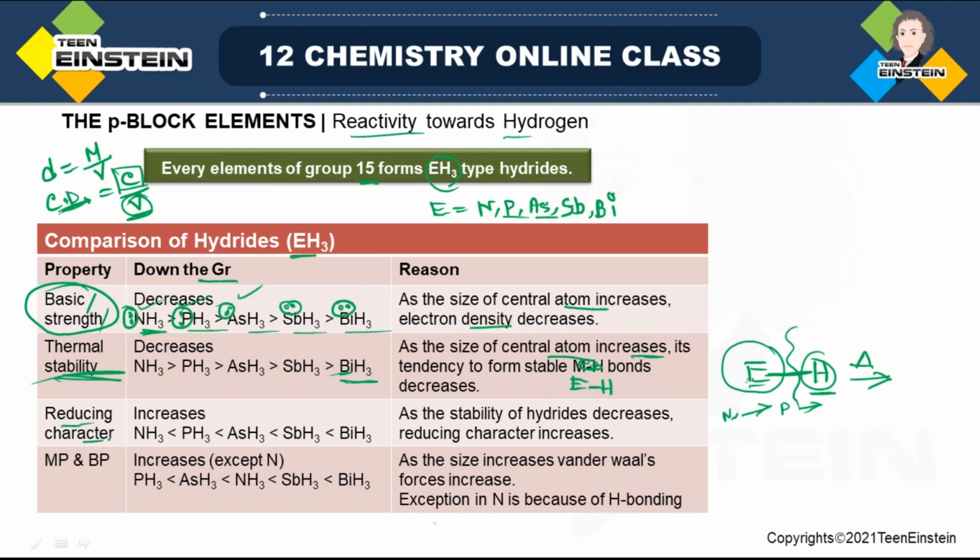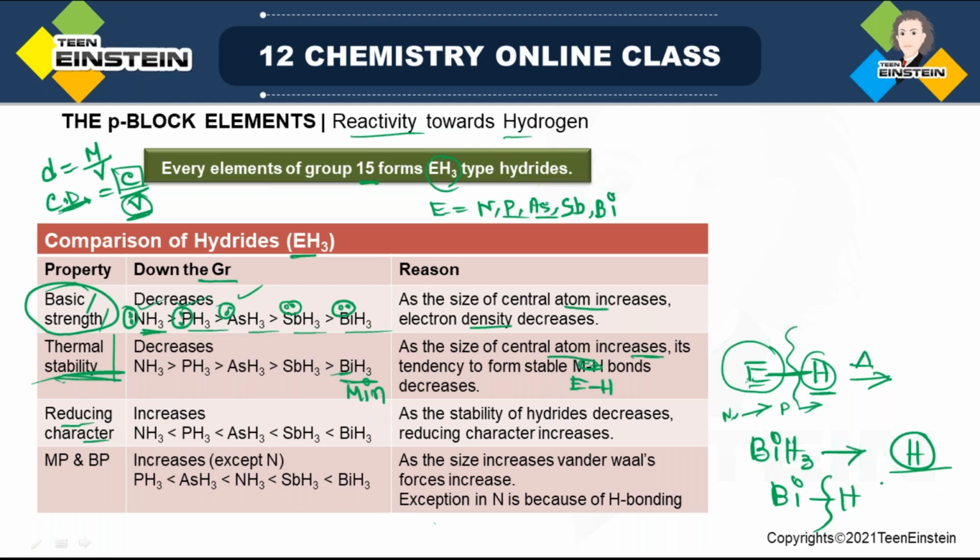Third one is reducing character. Now reducing character means how easily it can donate H. Now in the second point, what we have seen, thermal stability is minimum in case of BiH3. It means what? When it is BiH3, you can easily get hydrogen because the Bi-H bond we can easily break.